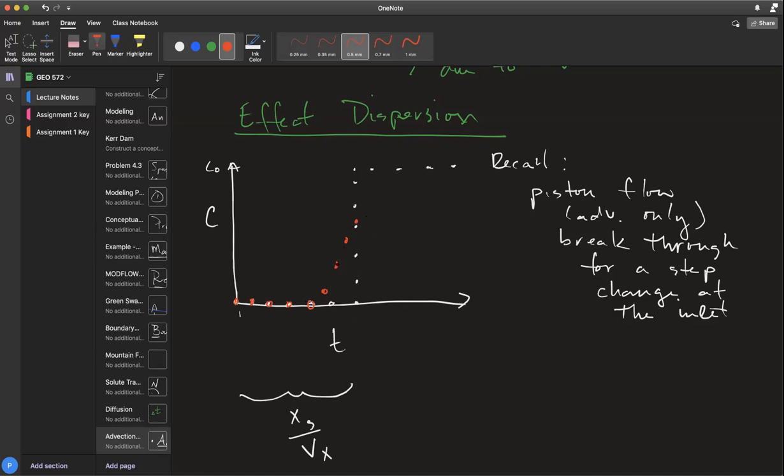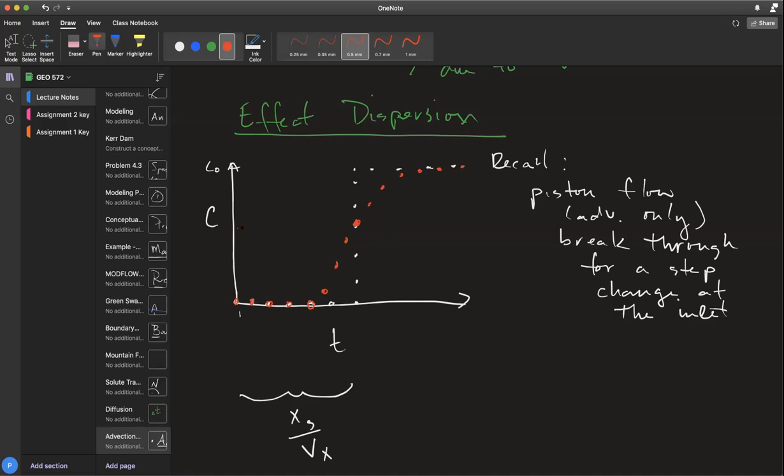If we have a normal distribution, we'll see the midway point, the average concentration, occur right at the average velocity. And then we have our slow arriving fluid flow paths.